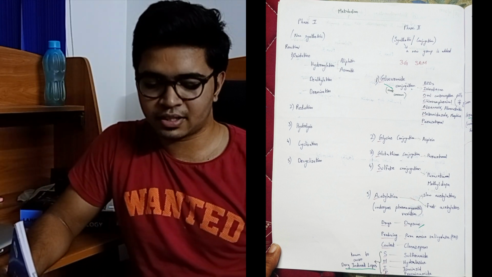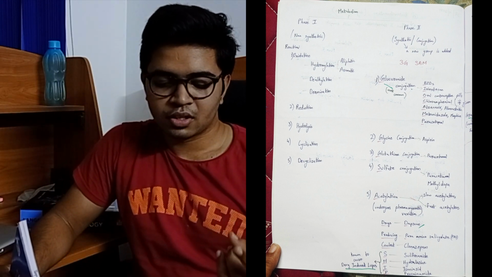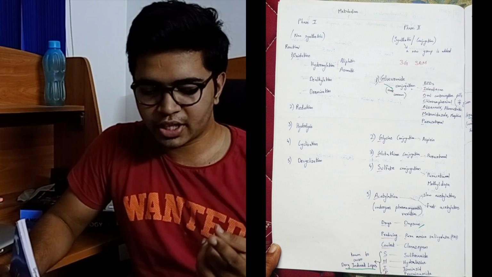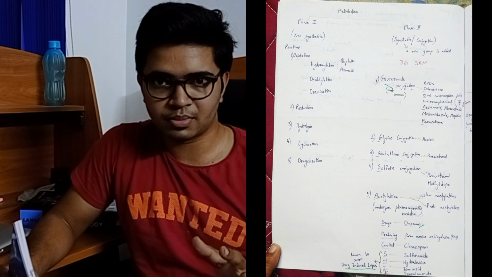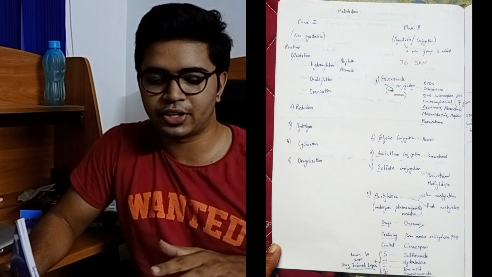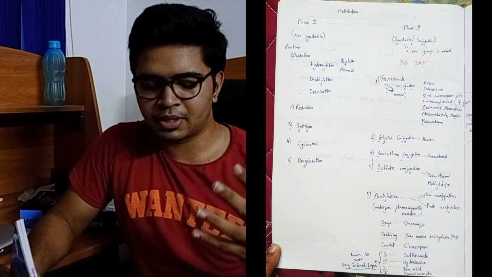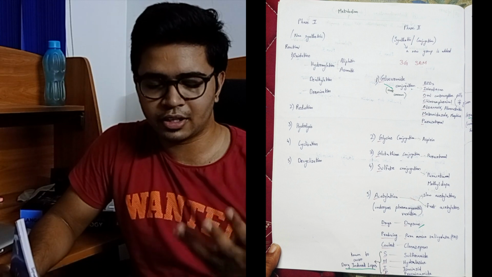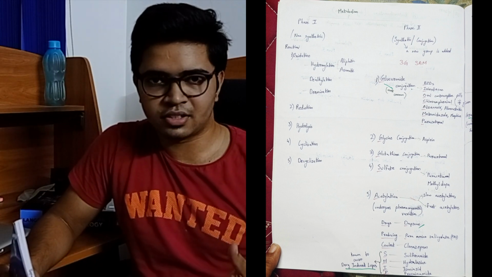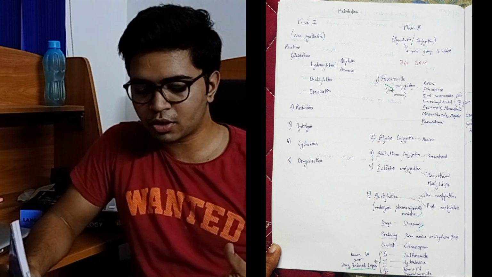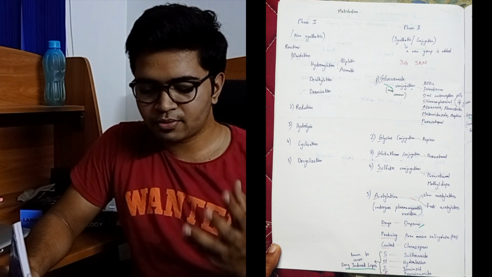3G-SAM is explained as, the first one is glucuronide conjugation, which is the most common form of reaction in phase 2 metabolism. Glucuronidation occurs in various drugs, and one of the important ones is chloramphenicol.